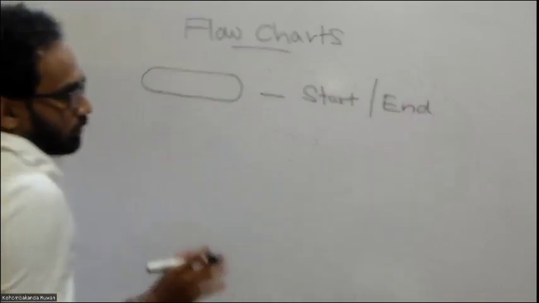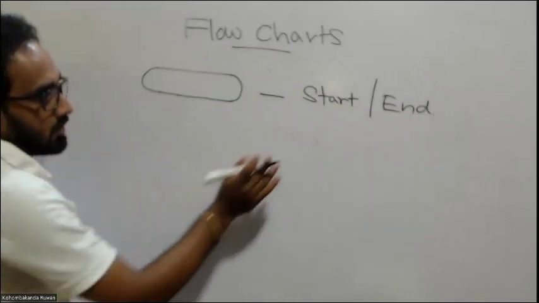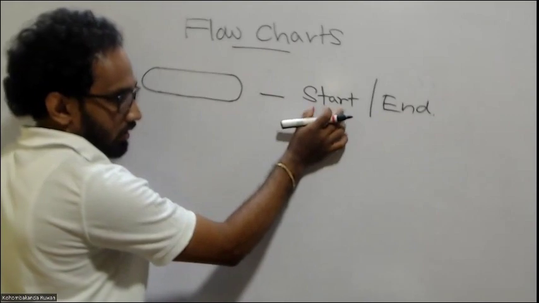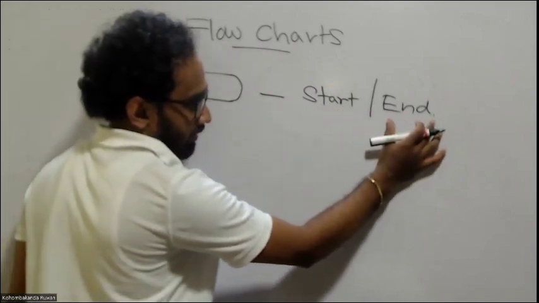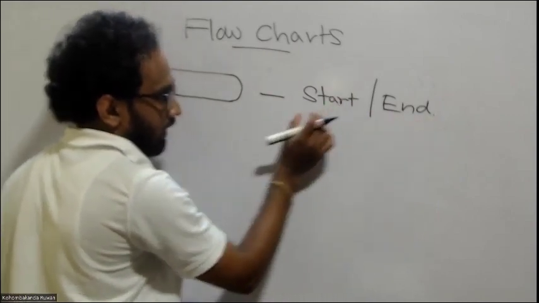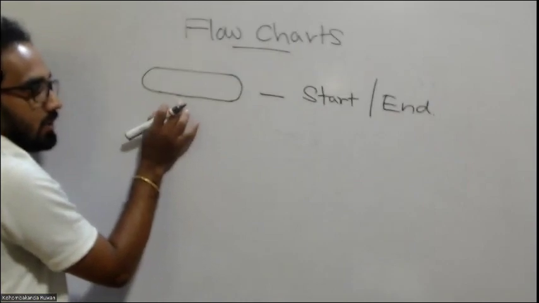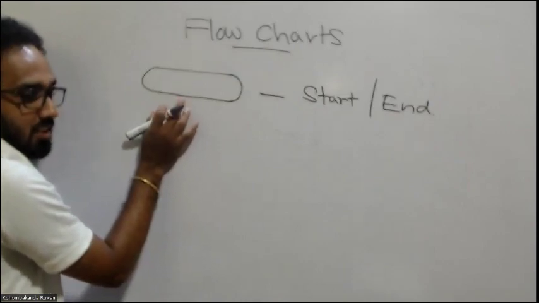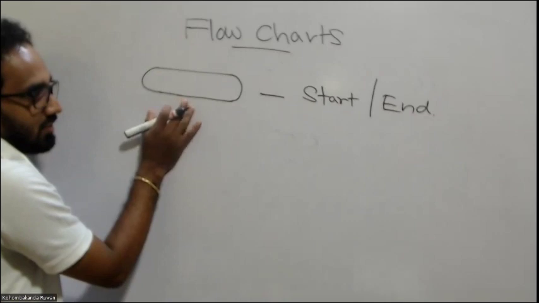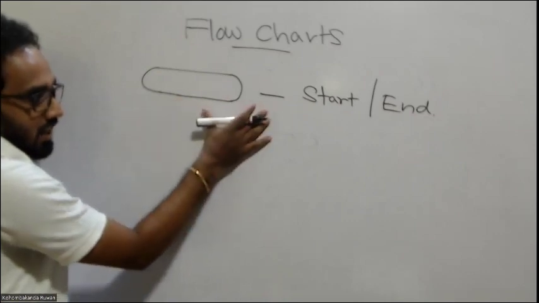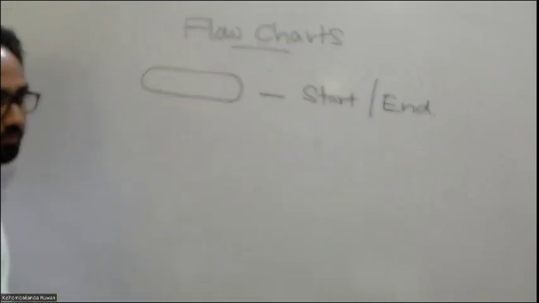Can you remember when you're writing an algorithm, the first step is start and the last step is end? If you have that kind of step, you can represent it by using this symbol, start or end.